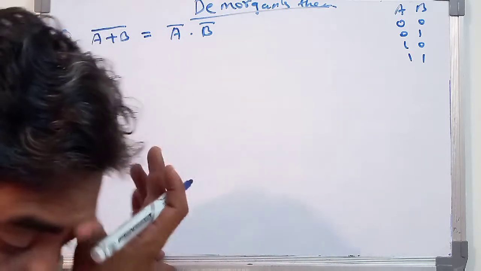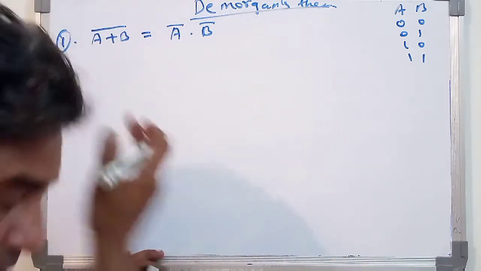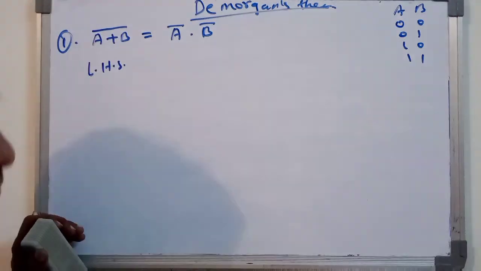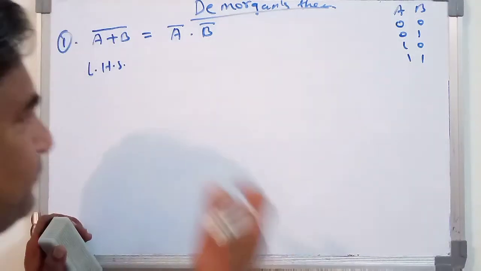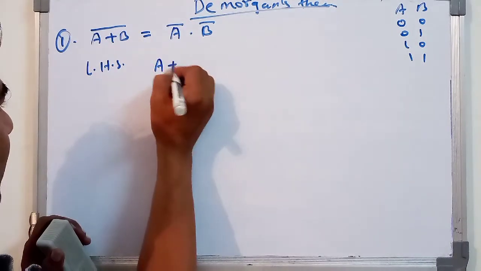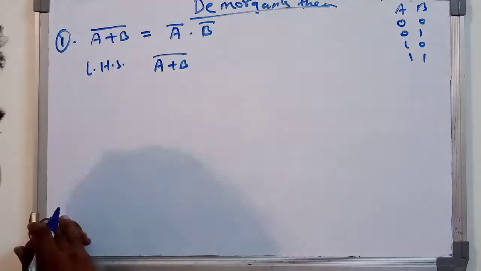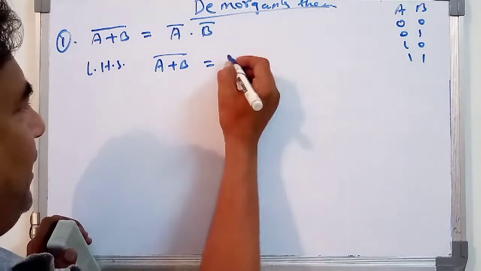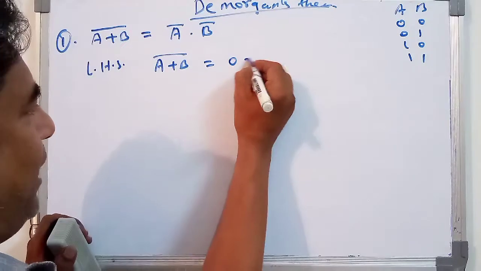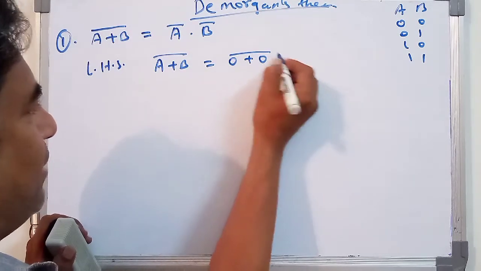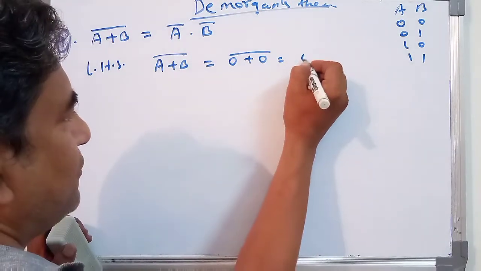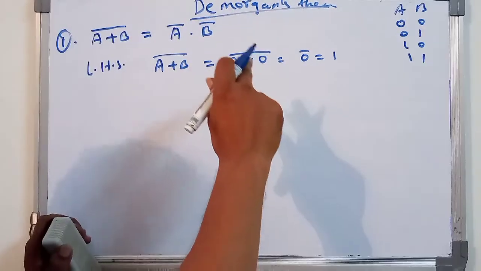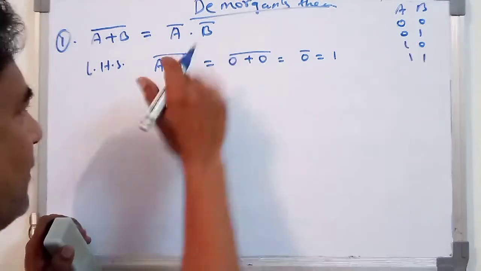Okay students, now consider the first, the left hand side. Here you have a plus b whole bar. For the first, a is equal to 0 and b is equal to 0, with whole bar, you will be getting the value 0 bar is equal to 1, because whatever the complement you are getting, that is 1.